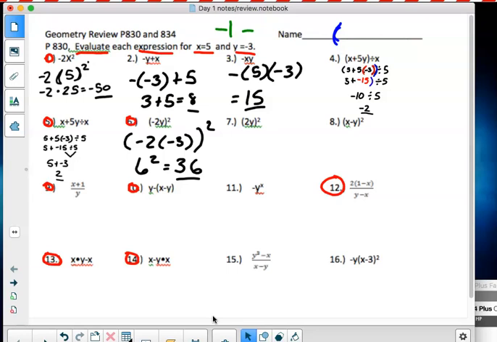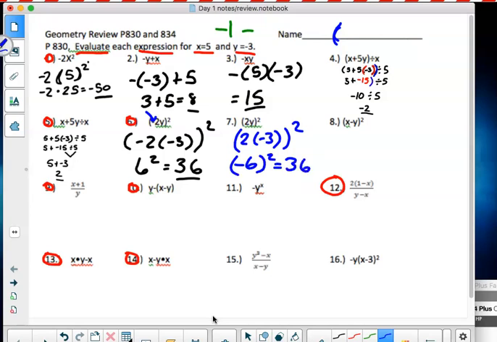Okay, we're back. So now I'm looking at this. I got 2 times -3, okay, squared. And this looks a little different because this negative isn't there. Okay, so now inside I got -6, but I'm squaring a negative, so it's still +36.